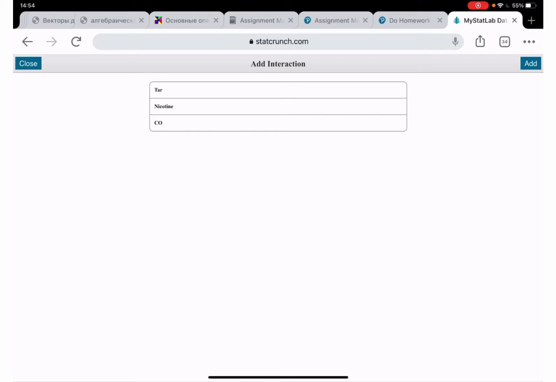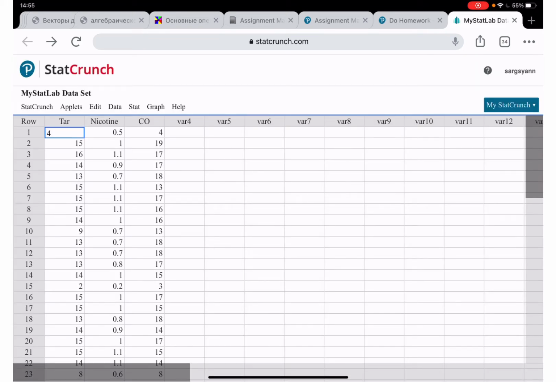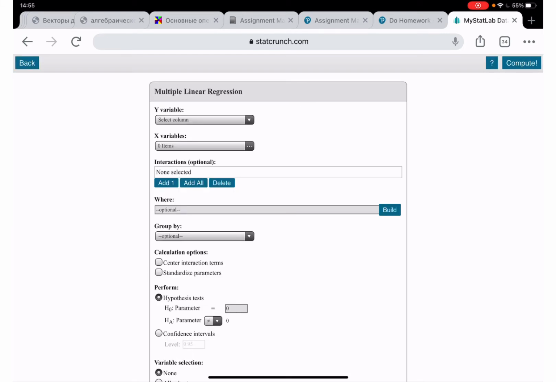Let me see which one I have. It's giving me trouble. Let me put CO right now, and then I'll check. I need one more. Did I not choose multiple? Stat, Regression, Multiple Linear, okay.